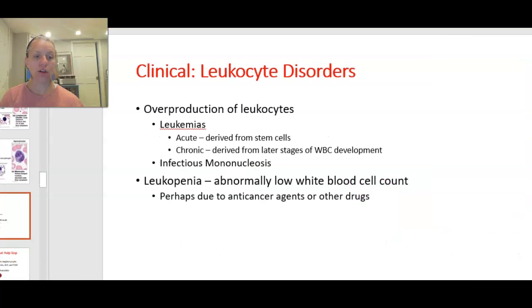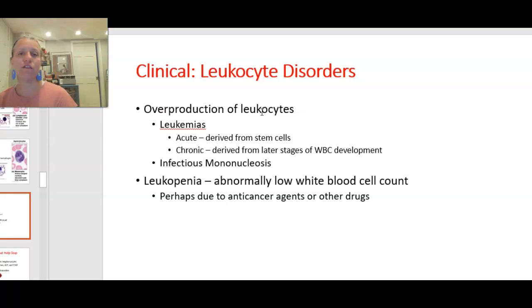So there are leukocyte disorders. Okay, there could be an overproduction of leukocytes, which you might say, oh, that's not a bad thing, right? That means that we're going to be protected and not have as much disease, but that's not true. Okay, if you produce too many white blood cells, it's likely that you're not producing enough red blood cells, right? So production of too many white blood cells in the red bone marrow is called a leukemia, and that's a type of cancer.